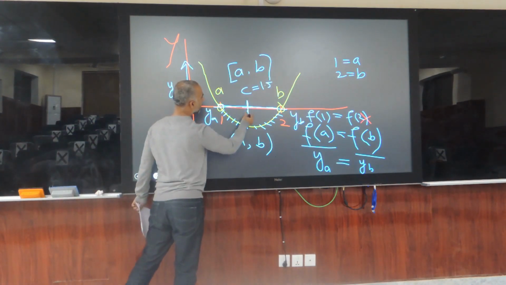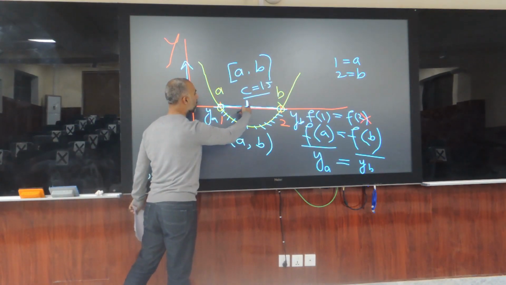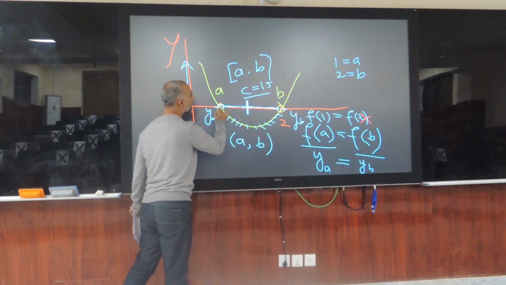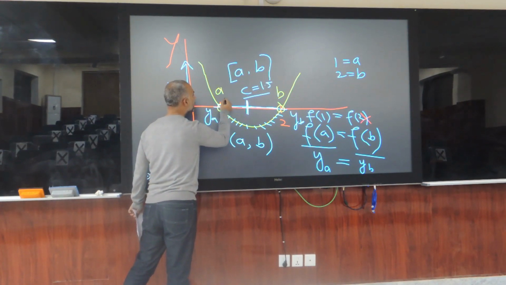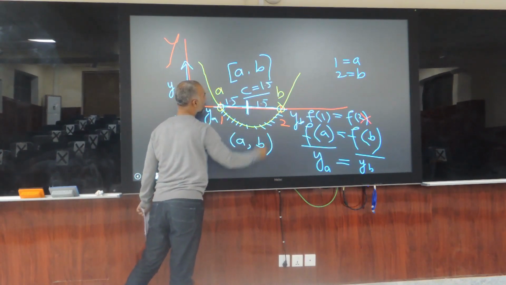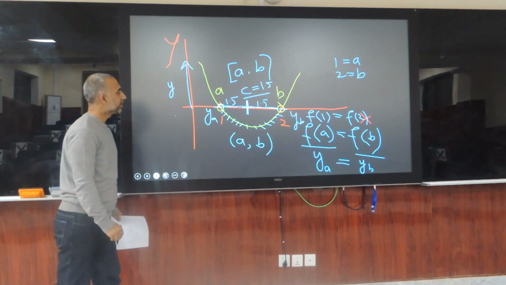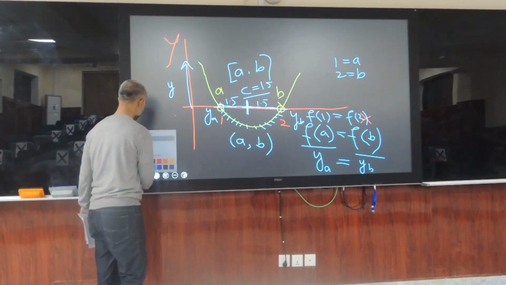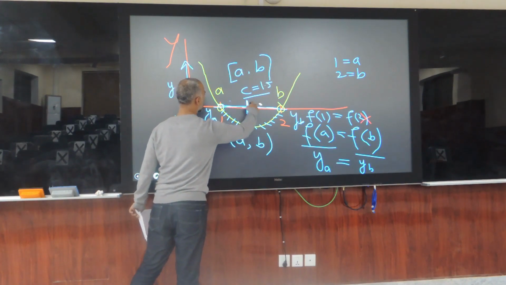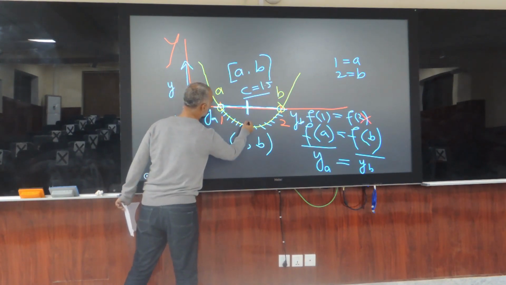See that C equals the midpoint between A and B. If you travel from A to C, it is 1.5 and again 1.5.